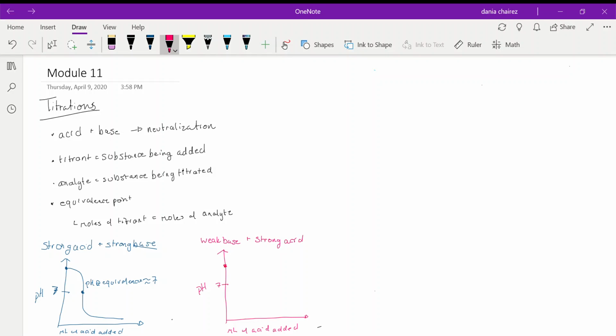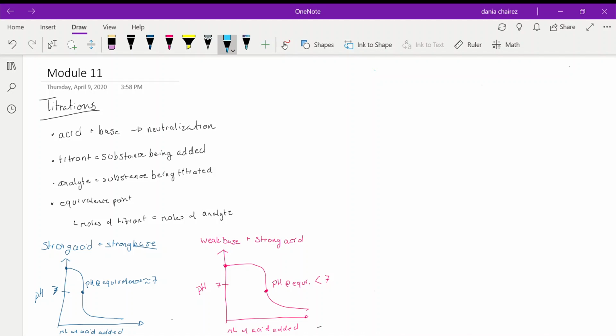It's just that in this case, since it's a weak base, it's going to take a little longer to flatten out. And in this case, our pH at equivalence is going to be less than 7. That's because we're adding a strong acid, so there's going to be more H's than you would with a base, just because this will fully dissociate. So you'll end up with more H's, and that's how you get your less than 7.